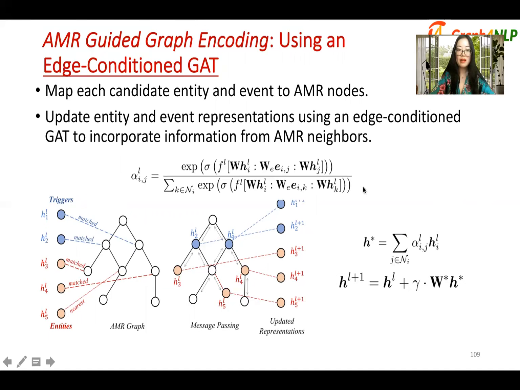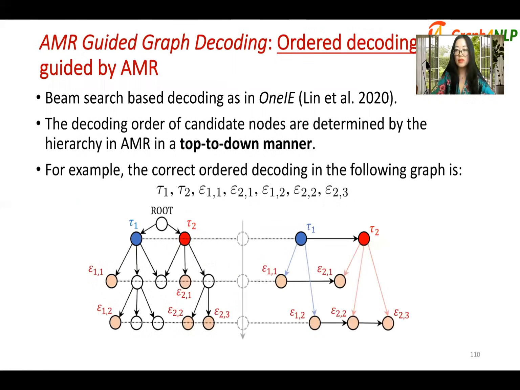So for example, here, the initial representation of each node comes from a contextualized embedding, such as BERT embedding, and then we can, using the AMR graph, pass messages so that every node embedding can be updated iteratively. And now from this encoded graph, we try to decode an information graph that matches the target ontology.